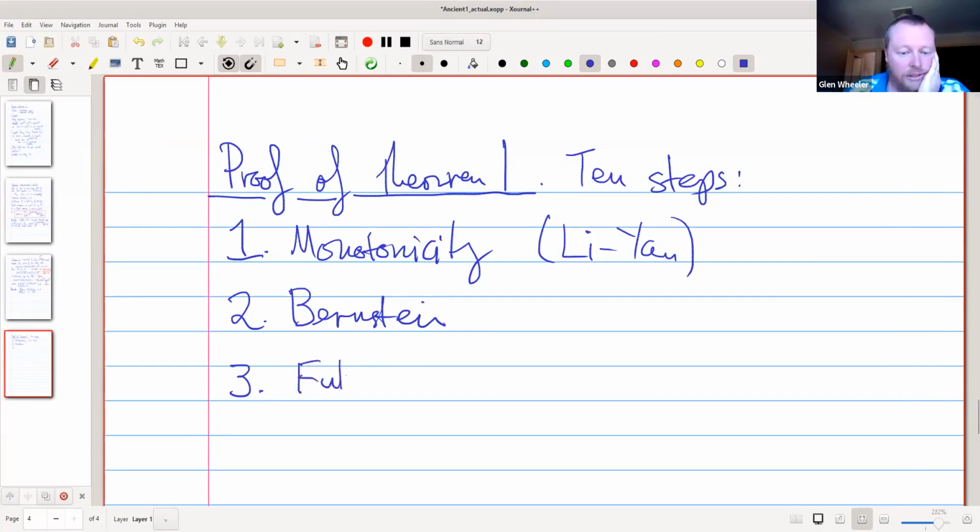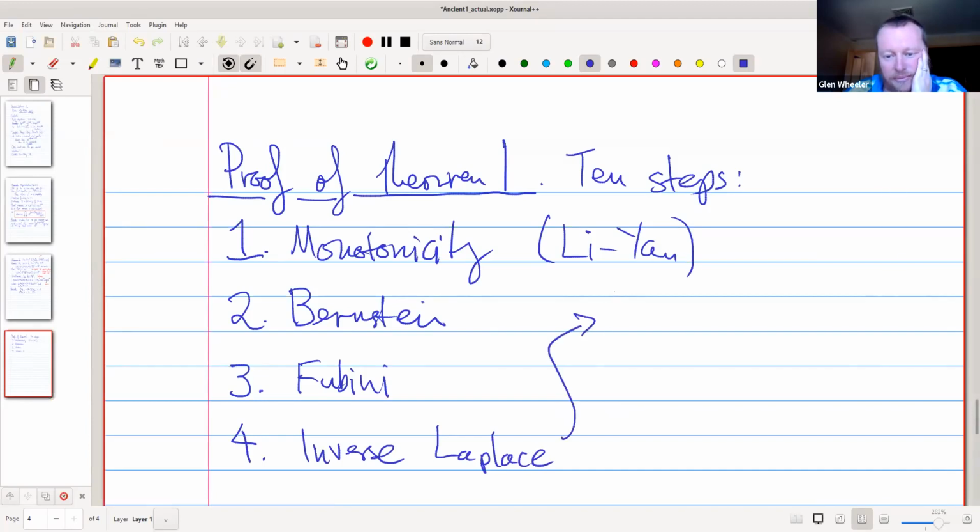The third one is, well, it wouldn't be a proof without Fubini's theorem. And then we do inverse Laplace. The next one is an integral estimate. And at this point, we're definitely in the realm of measures. There's going to be measures everywhere.